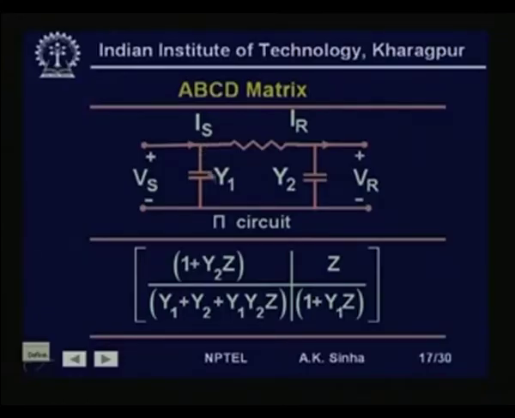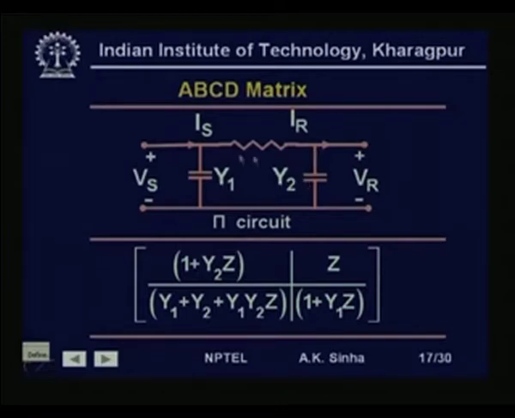For the pi equivalent circuit, we have already seen. Now, here for this pi circuit, we have y 1 and y 2, which may not be equal, whereas for the nominal pi circuit both y 1 and y 2 were equal. That is, the total shunt capacitance was divided equally, half of it was placed at the sending end and half was placed at the receiving end.